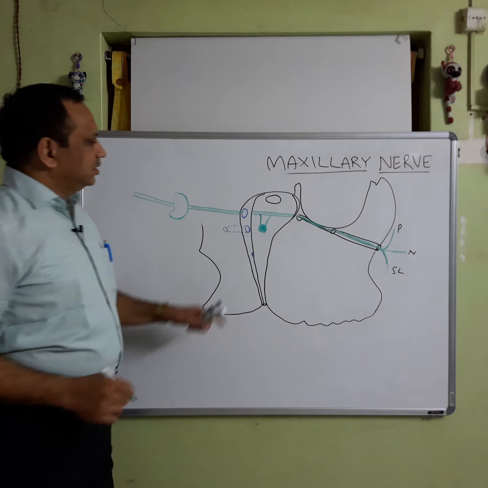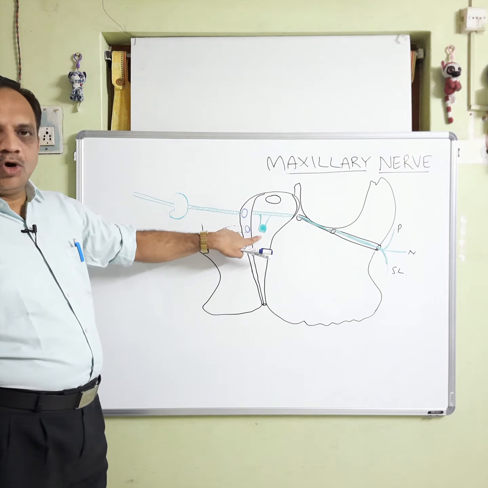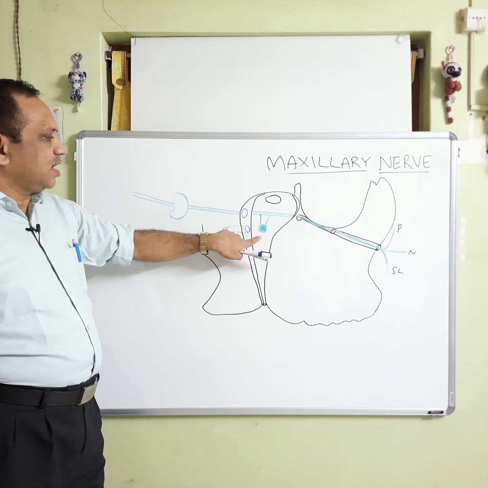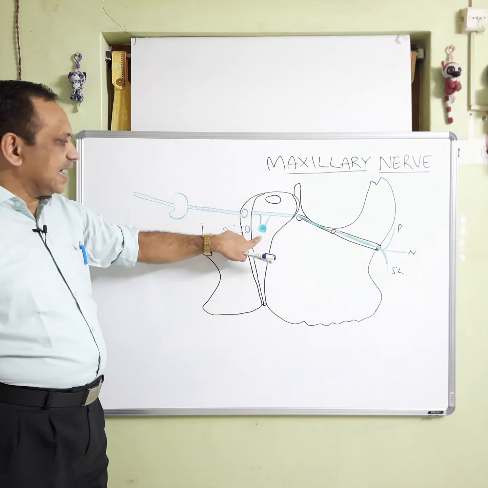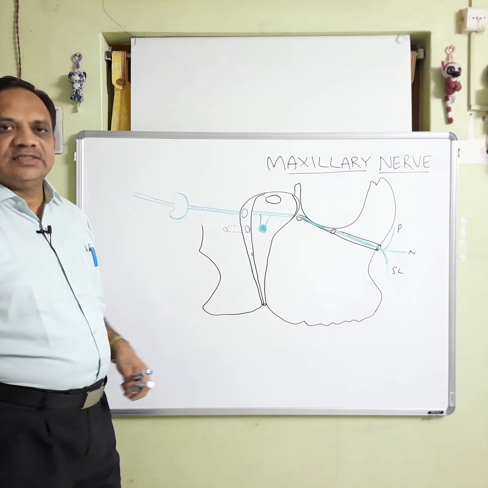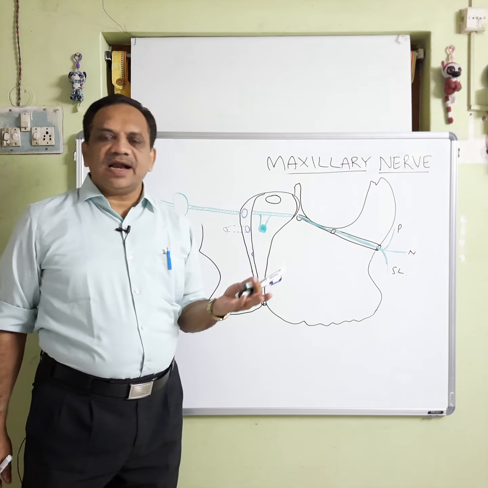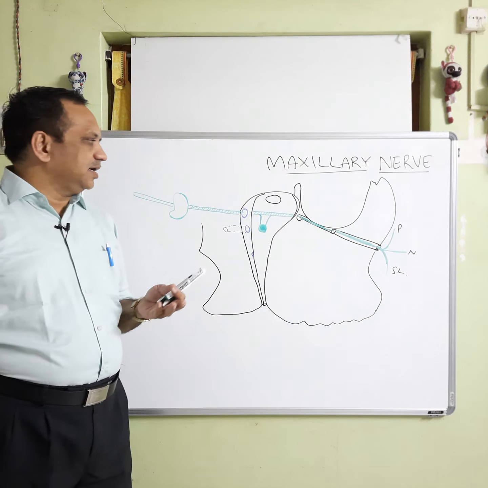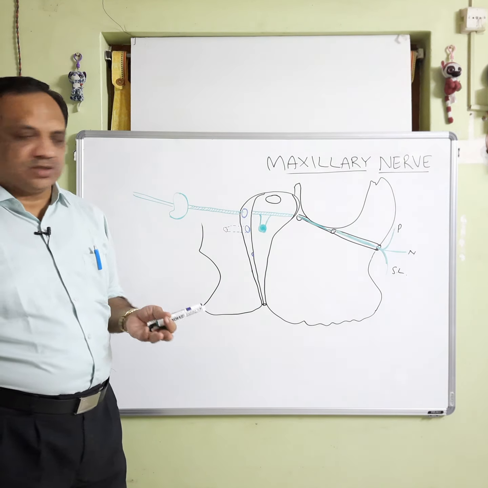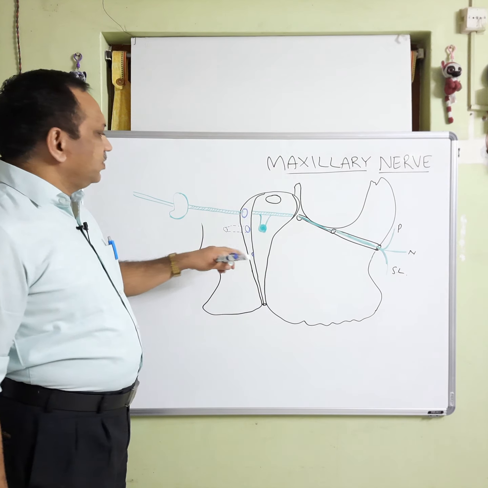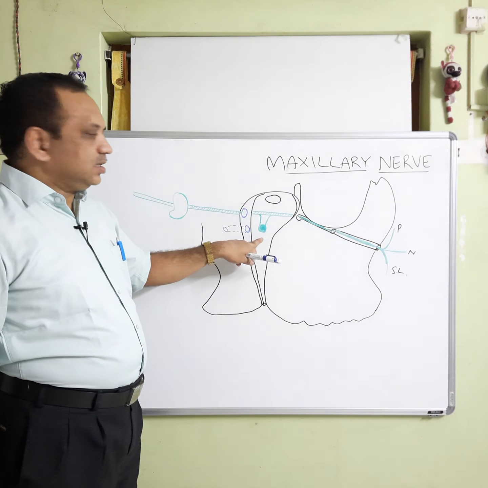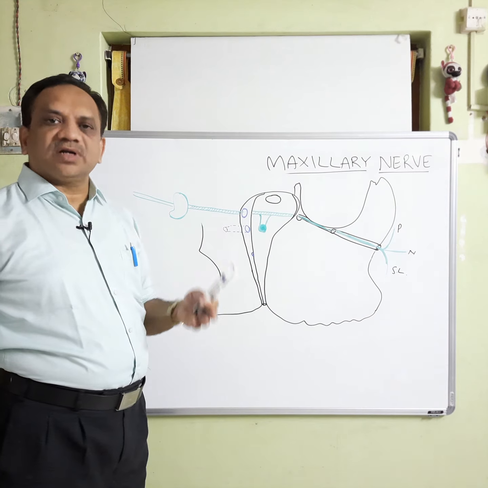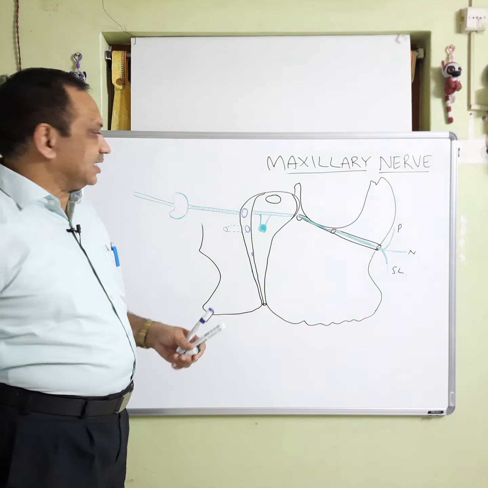So, this is the peripheral, the sphenopalatine ganglion or the pterygopalatine ganglion, which is secretomotor to the lacrimal glands, glands of the soft palate, glands of the hard palate, and orbital and nasal mucosal glands. So, we will see how it is destined for the secretomotor function a little bit later.